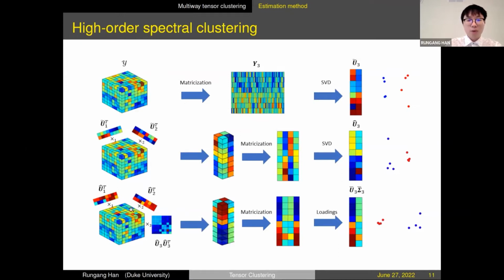Finally, we project the whole tensor onto the three directions and obtain the low-dimensional loadings, and we cluster the entries as loadings. On the right, we have the scatter plot for these entries as loadings. We can see that in each step, the two groups are more separated. That means this stepwise refinement increases accuracy for the clustering.